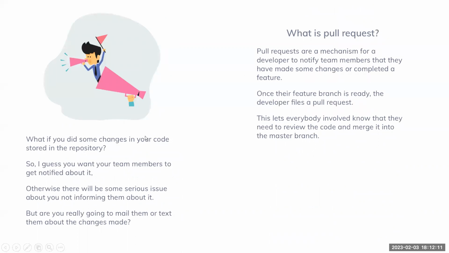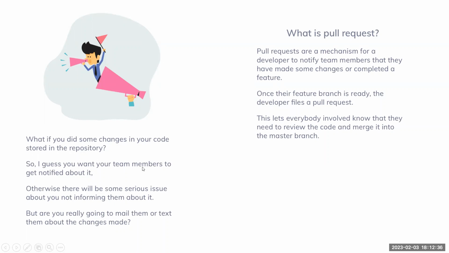So you have done the changes, right? We already made the changes and pushed them, and now they are available in your repo. Okay, I have my changes ready in my repository. So what if you did some changes in your code repository?